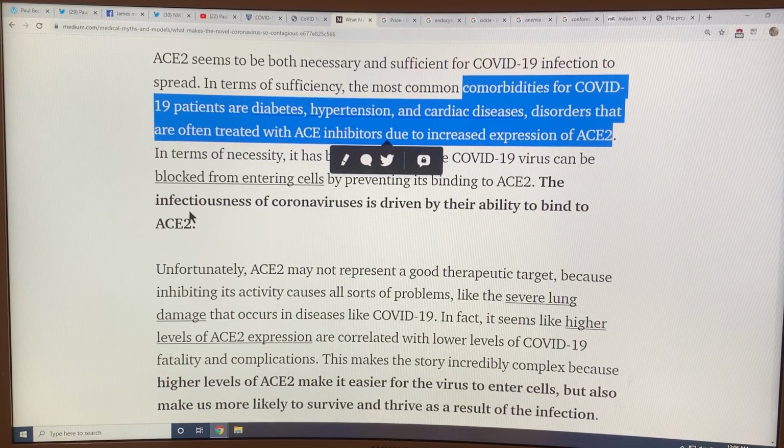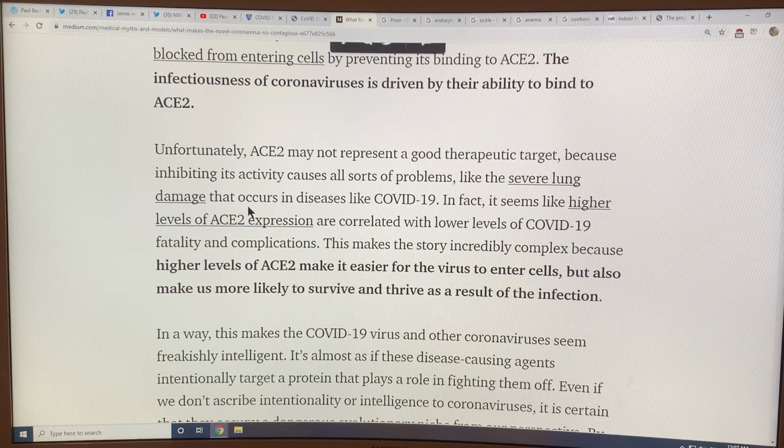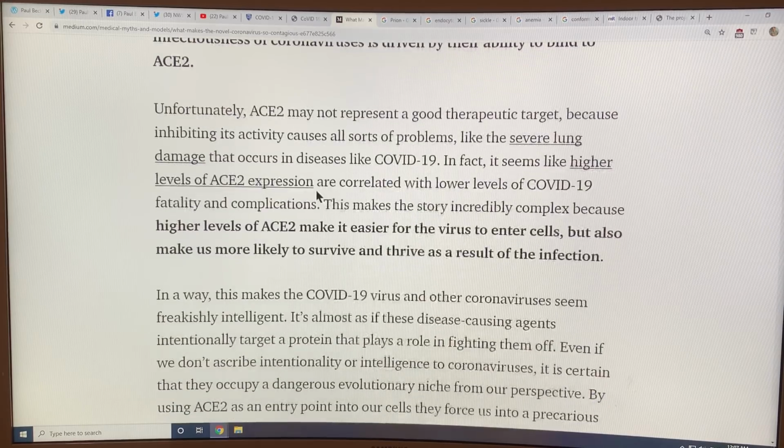The transmission of the coronavirus is enormous, driven by its ability to bind to ACE2. If we could stop that from happening, that's what the vaccine or natural antibodies that build up will do.